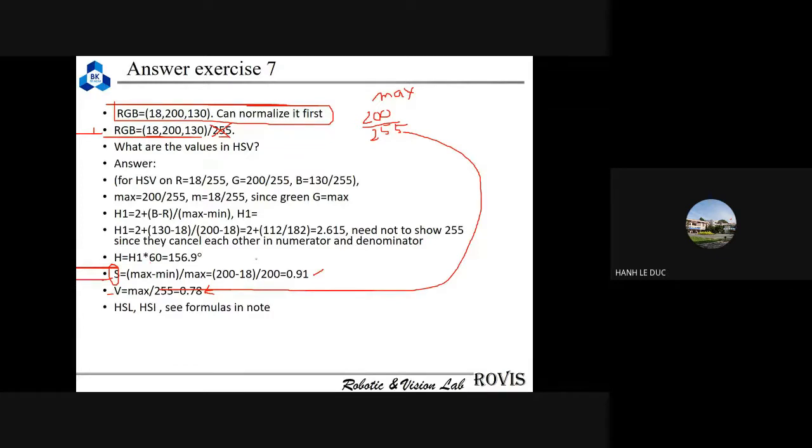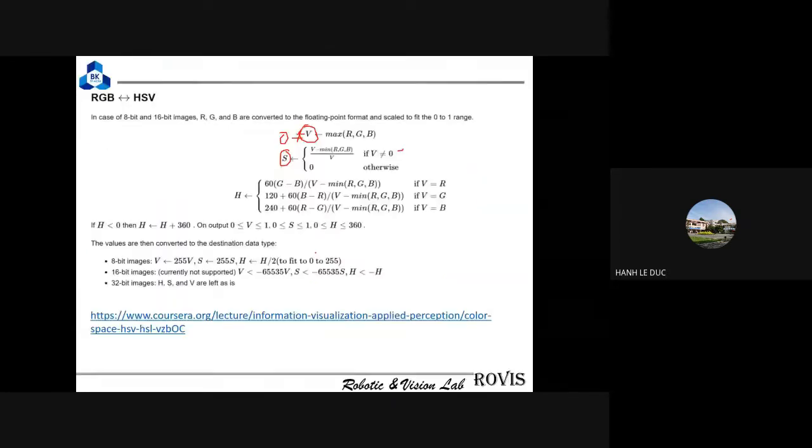The next one we calculate is the H value. What is the H value here? Because the previous maximum of RGB is the G value, we choose this equation. Because this number is too big, I divide by 60.